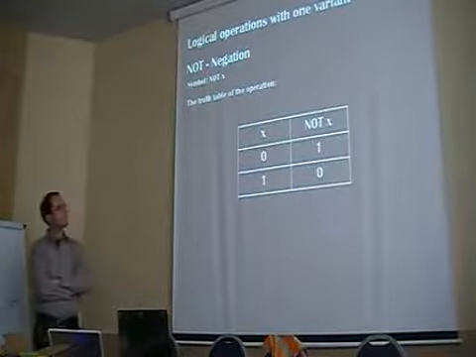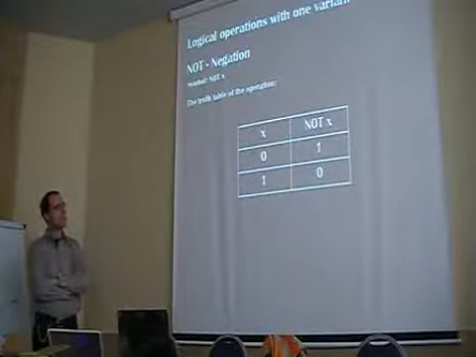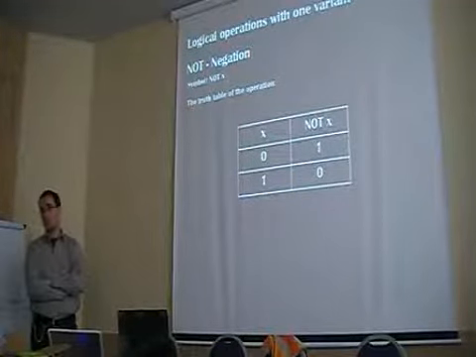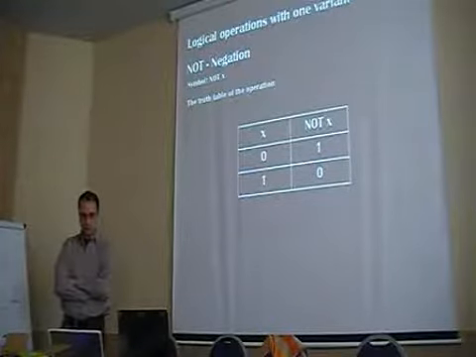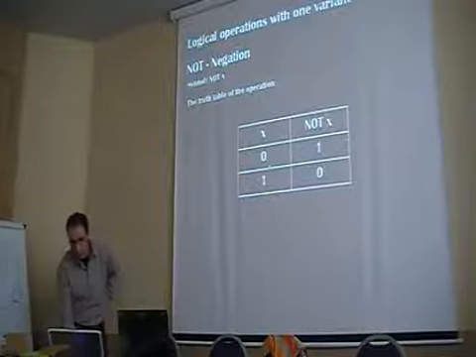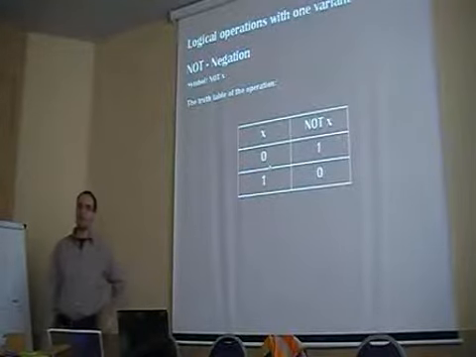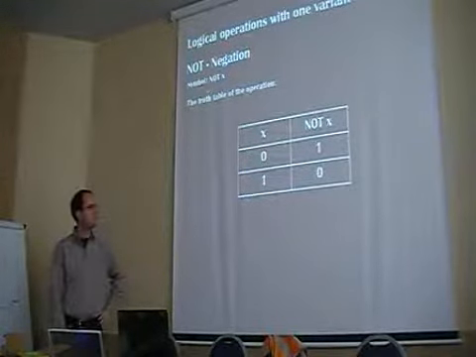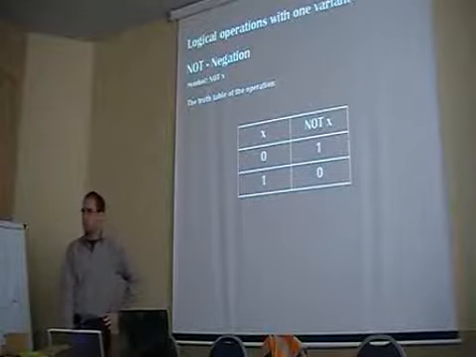That means we evaluate the values of the variant. If you have a false value, look here, then the result will be true, and in the opposite case you get from true to false.